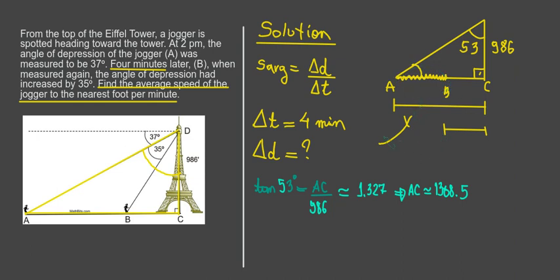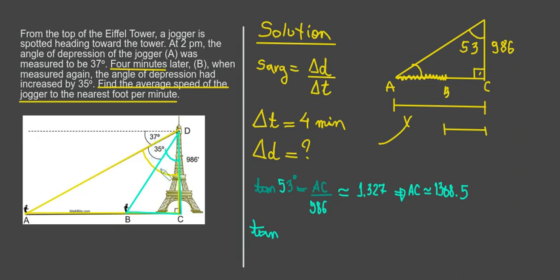So now we can take a look at this smaller right triangle here, and use tangent again, but now the tangent of not 53, but just this angle right here, which is the 53 that we had there minus 35.